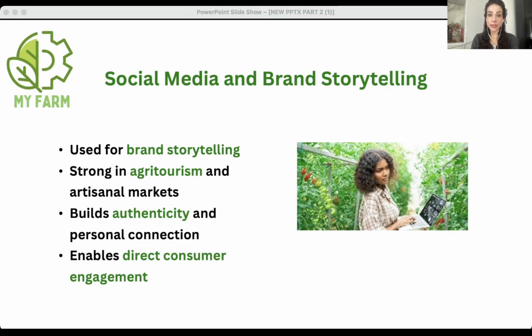Social media marketing is widely used for brand storytelling, especially in agritourism and artisanal product markets where authenticity and personal connection are valued. These platforms allow producers to not only showcase their products and share the story behind their farm or businesses, but also to engage directly with consumers.